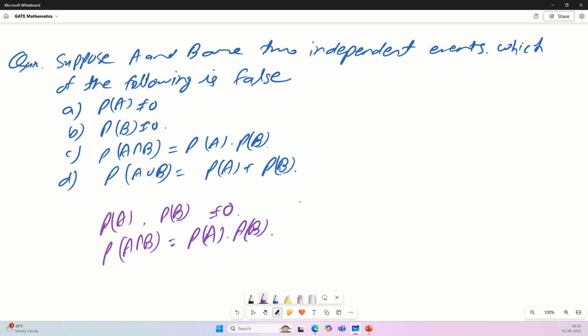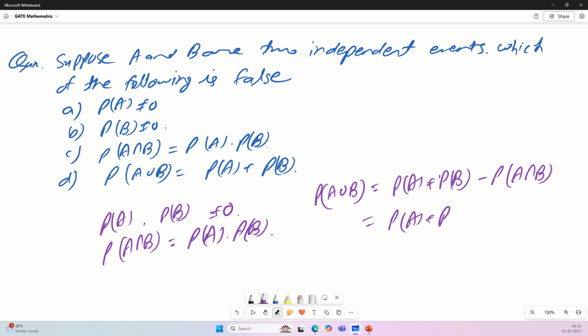Why? Because these two are independent events, and we have probability of A union B is equal to probability of A plus probability of B minus probability of A intersection B, which is going to give me probability of A plus probability of B minus probability of A into probability of B. And that's the reason this particular equation cannot be true.